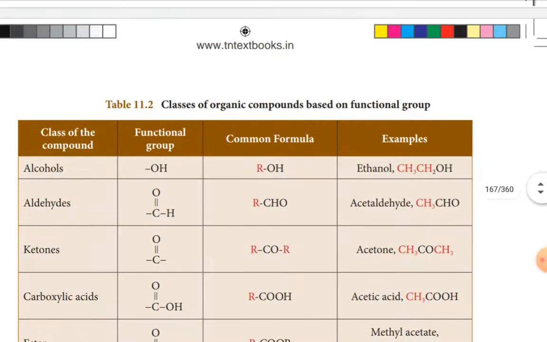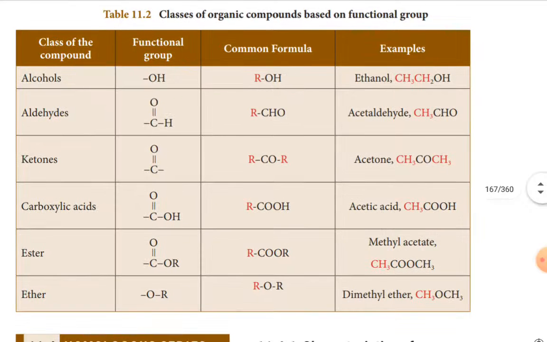So these functional groups and the formation of compounds from the functional group are important. So you have to go through them. Instead of R, you can apply any other alkyl: ethyl, propyl, butyl. So you will get butyl alcohol and butyraldehyde.